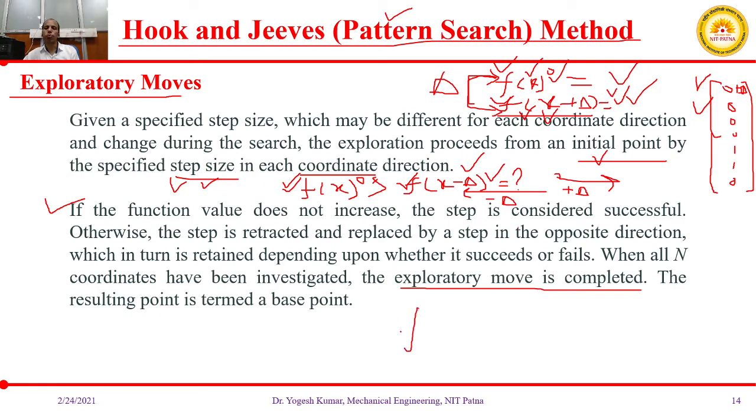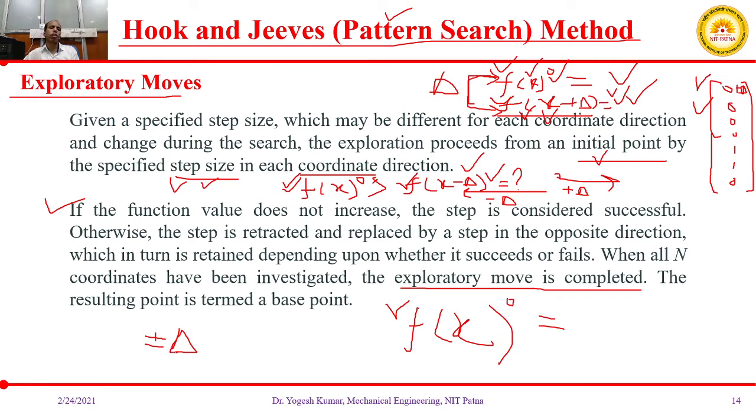Suppose you have chosen some value, you have some value of the function corresponding to your starting point, and while taking this step increment plus or minus, either on the left side or the right side, you are not getting a minimum value on either side.